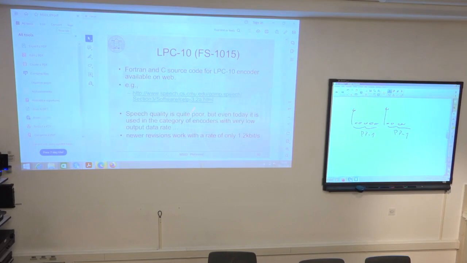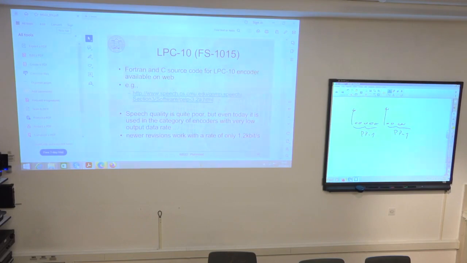You can download the original C code of this LPC10 encoder. Maybe this link is still alive, but you can also Google it. There is definitely somewhere around original C code of this LPC encoder. Speech quality is quite poor, but even today it is used in the category of encoders with very low output rate, where the primary focus is on intelligibility and not on the quality.